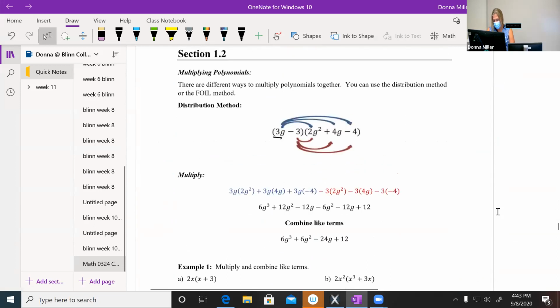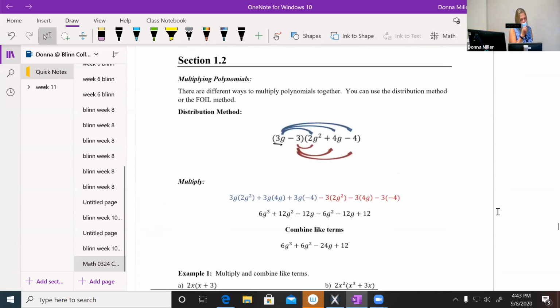Let's try 101. All right, page 101. We're going to talk about multiplying polynomials.